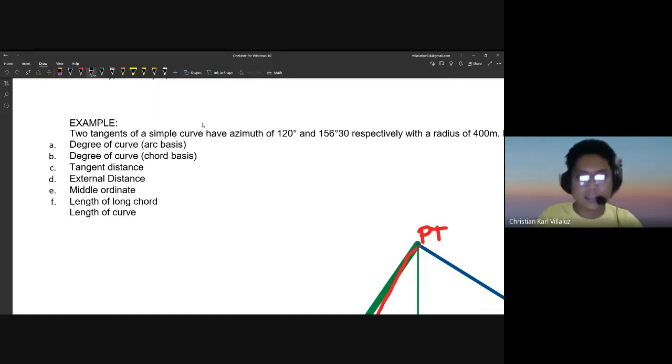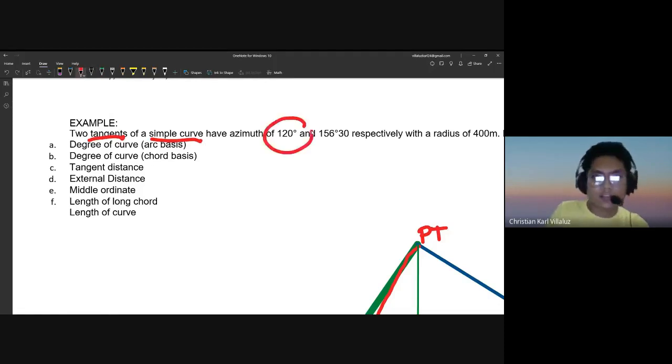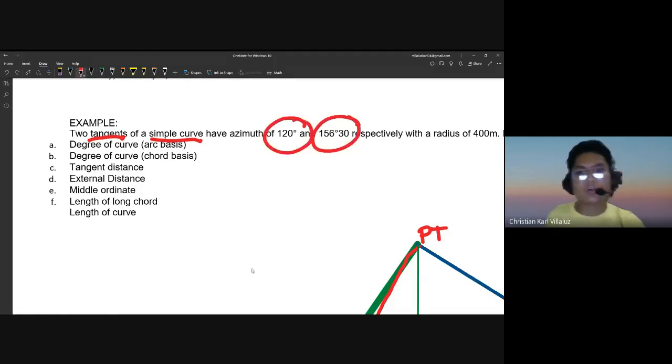So we should know how to draw it. So here, the tangents of a simple curve are given. These are given: their azimuths, 120 and 156 degrees 30 minutes.